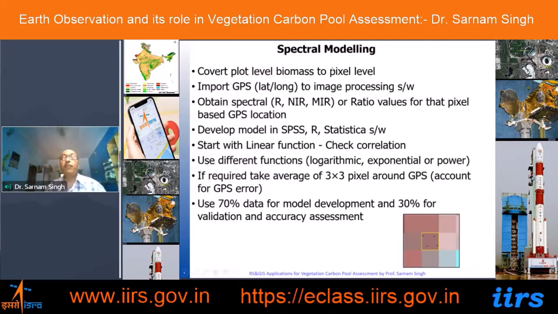We have the pixel-level biomass, as I said earlier. We import those values to the GIS or image processing software. Use any of R, NIR, MIR, or ratio indices, whatever you have. Develop a model in SPSS or R, Statistica, whatever sort. If nothing is available, you can use MS Excel also. And try to generate a linear function.